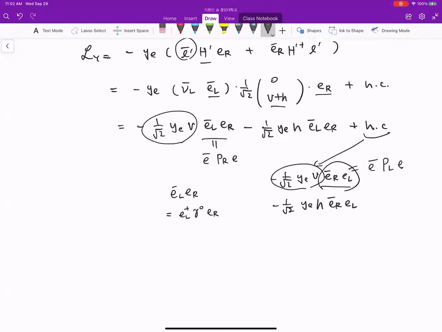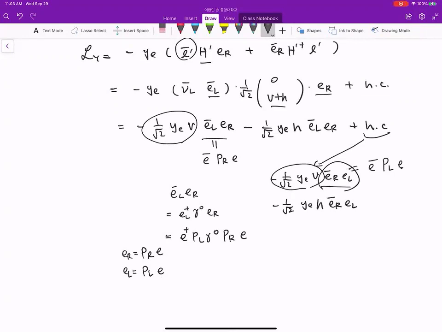So in terms of projection operators, you can write it this way: e-bar P_L gamma 0 P_R e.